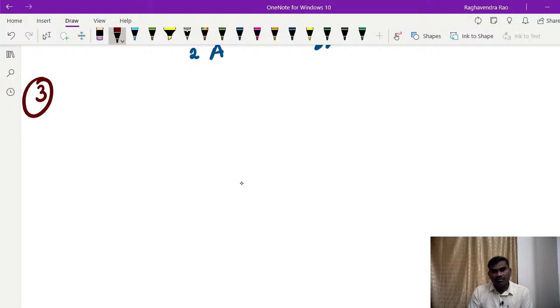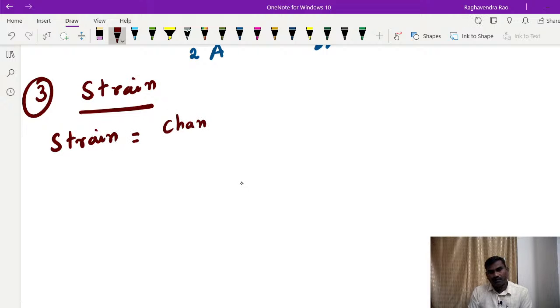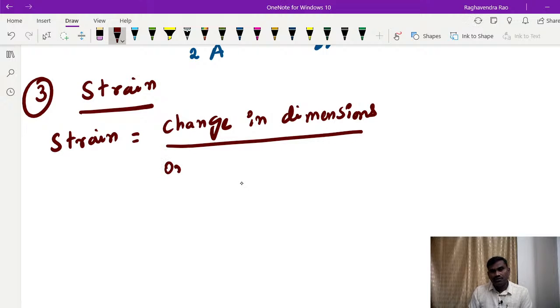So next topic, strain. Strain is nothing but change in dimensions by original dimensions.